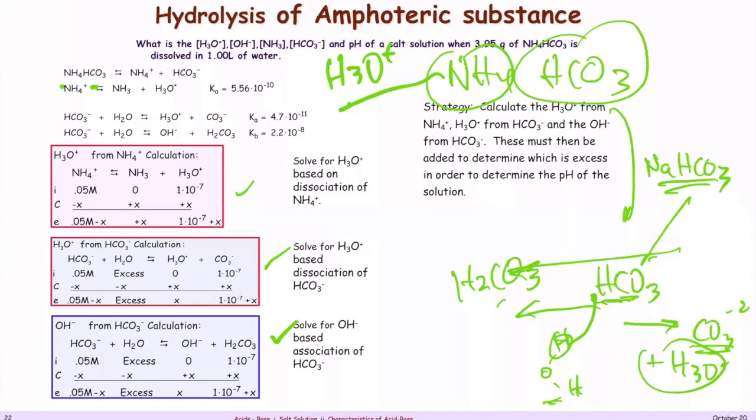Do the shortcut: the square root of the Ka, or in this particular case the Kb, times the initial concentration, that'll save you a lot of time. It looks like a difficult problem, but when you realize that these Kas are small, then it's okay to do the shortcut because you can do simplifying assumptions.